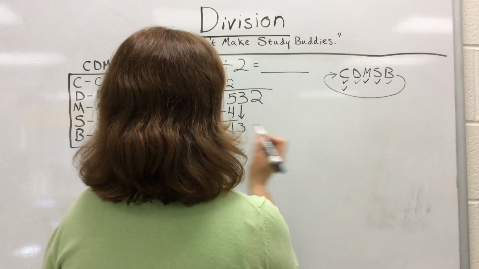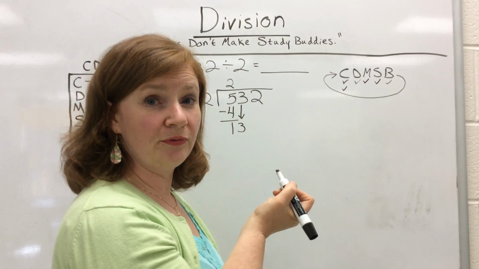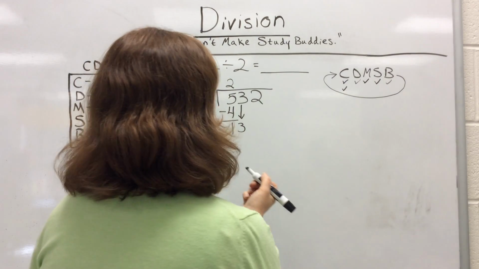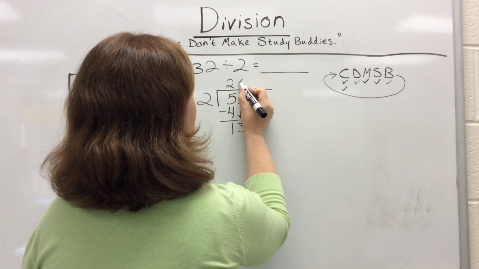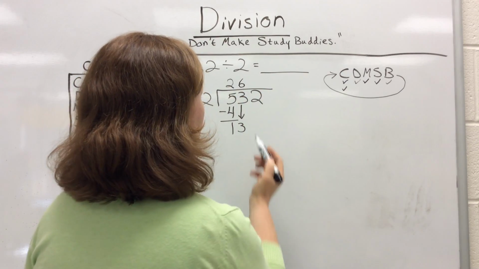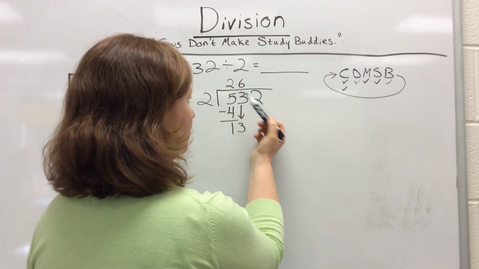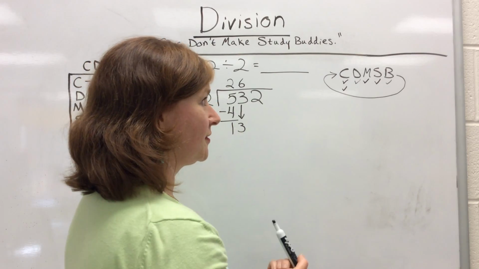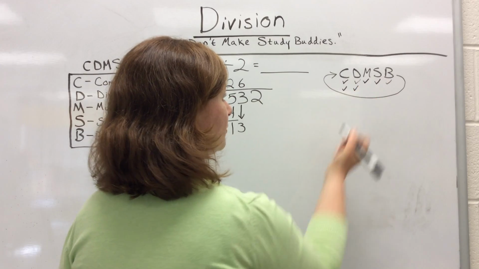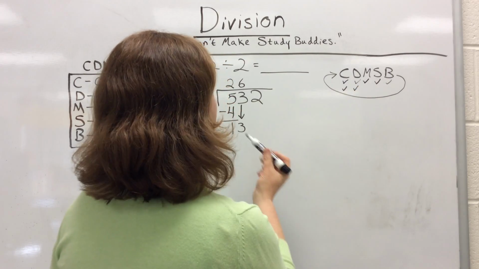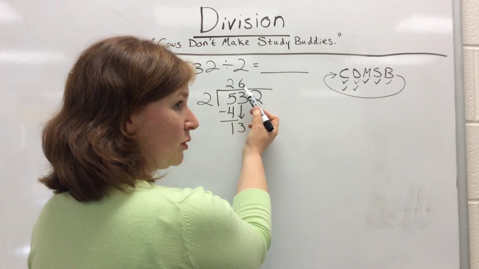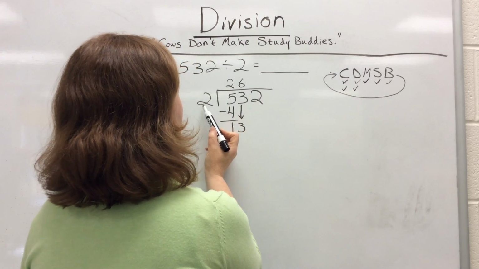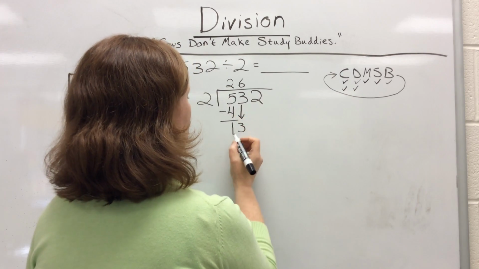Divide. How many times does 2 fit into 13 without going over? 2 fits into 13 6 times without going over. So I'll put my 6 into my quotient above the digit of my dividend that I just used. Finished with divide. Multiply. Take the digit I just wrote down, multiply it times my divisor. 6 times 2 is 12.